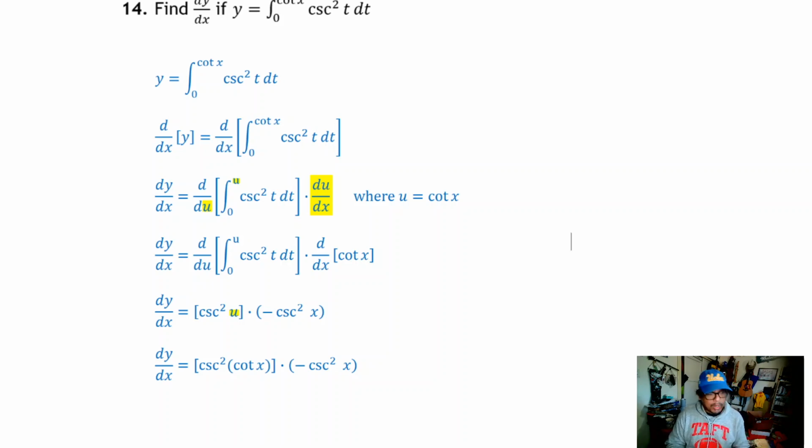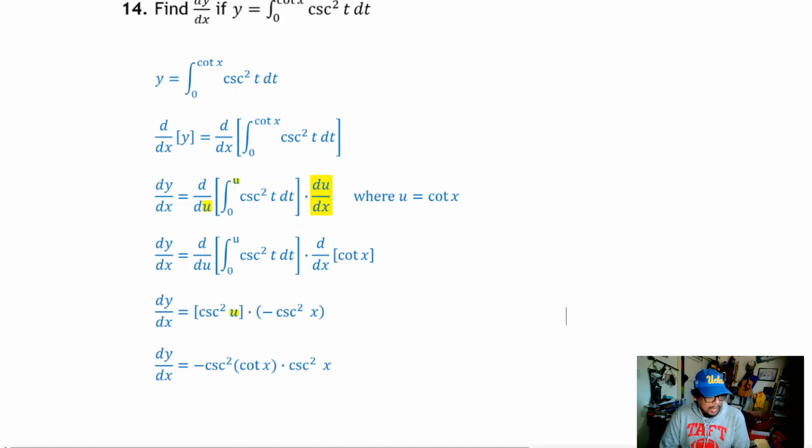Now, at this point, we'll just do a few cosmetic changes. Let's take that cosecant squared out of the brackets. Take that negative sign and move it to the outside. And then we don't need the parentheses around cosecant squared anymore.